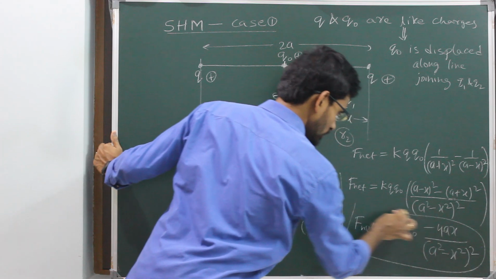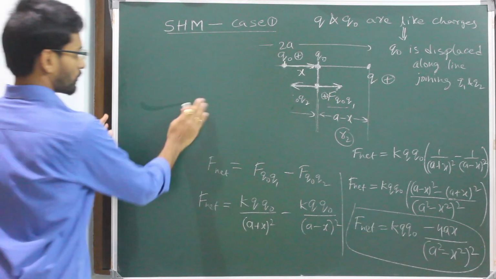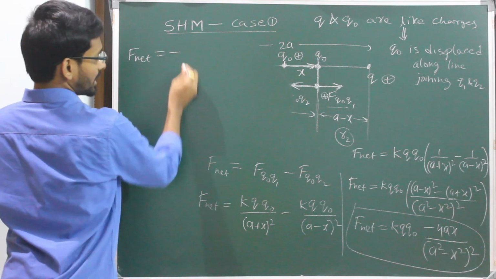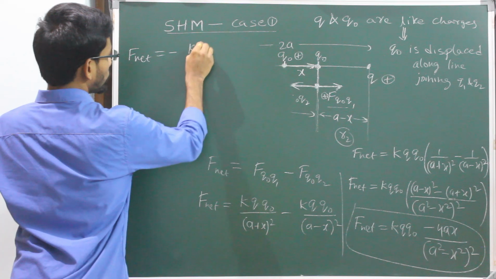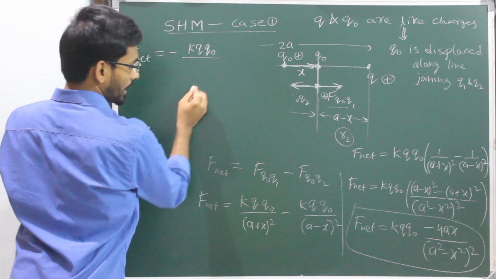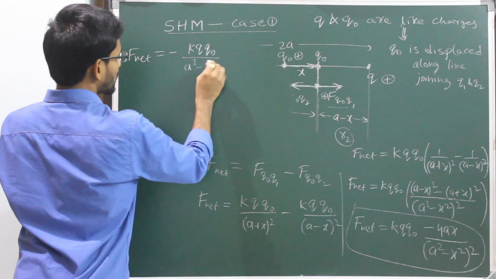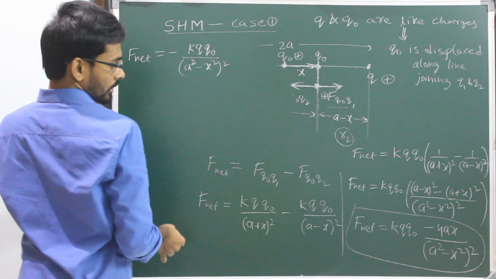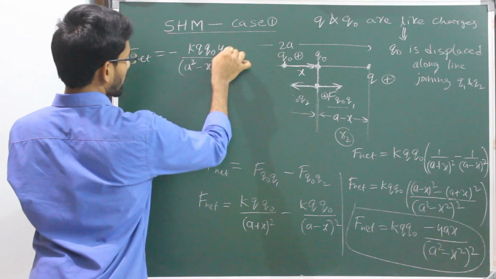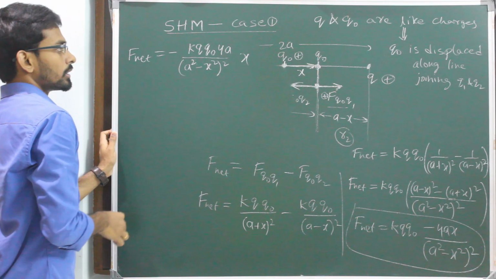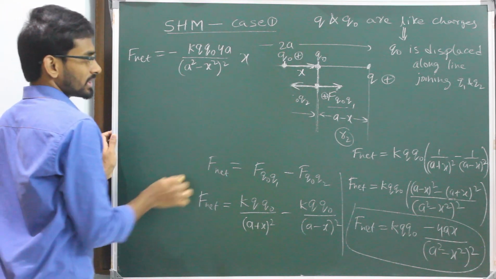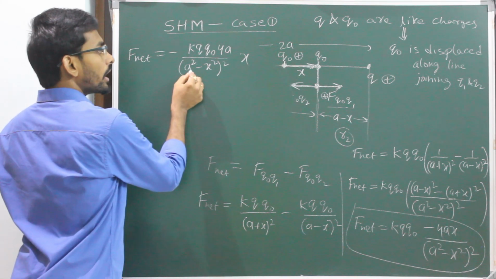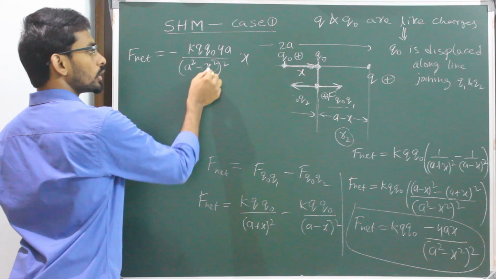Now let me write it here. From there we got F net as minus KQ into Q naught by A square minus X square whole square into 4A into X. So guys, here as X is very small, the displacement is very small, X square will be further small, so we can ignore it.